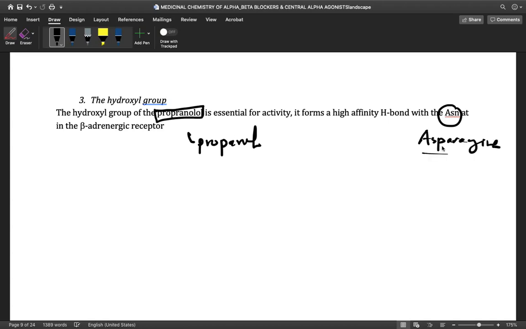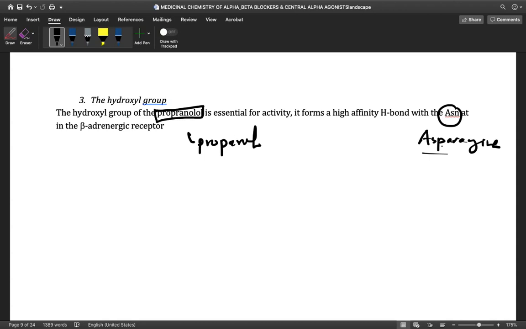So that hydroxyl group is important because it's going to form a high affinity hydrogen bond interaction with the asparagine inside of the beta adrenergic receptor. And that's the part where you need to know your amino acids.